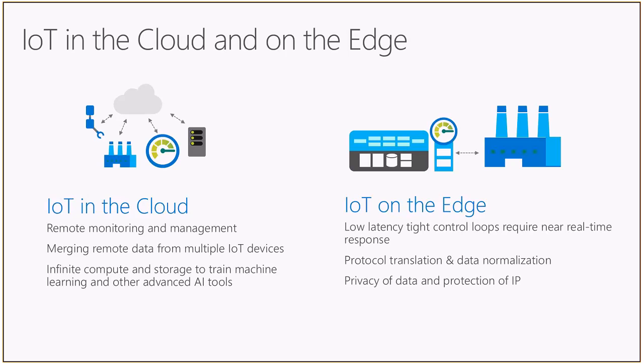One is run your IoT offerings on the cloud for scale, infinite compute and storage, as well as apply intelligence, but then use the same bits and bring it down onto the edge and reuse the same capabilities where it could apply for one manufacturing plant, etc., on the edge.